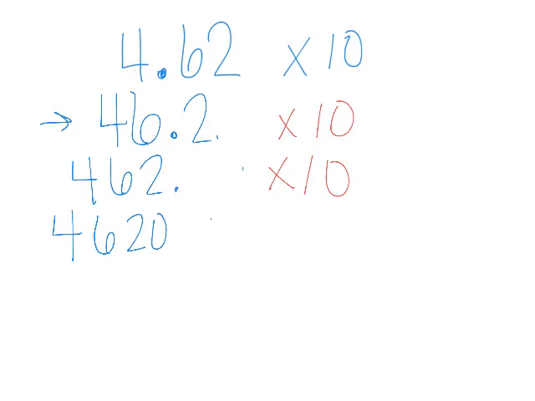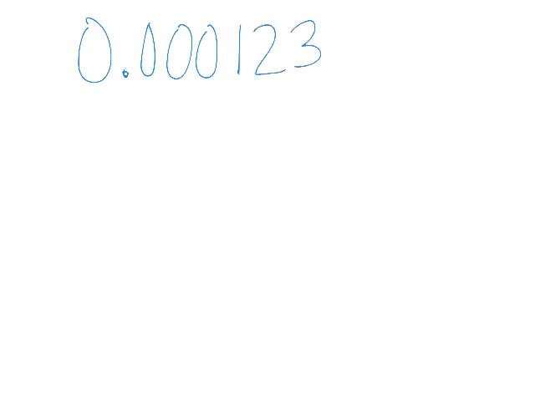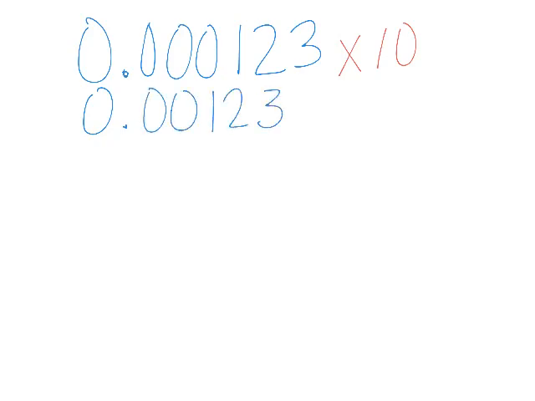Let's try another one. So now we're going to have 0.000123. Let's multiply this one by 10. Well, if you're not sure, use a calculator. And here I'm going to tell you right now, this is what the answer is going to be. 0.00123. And we've got a little 0 here.